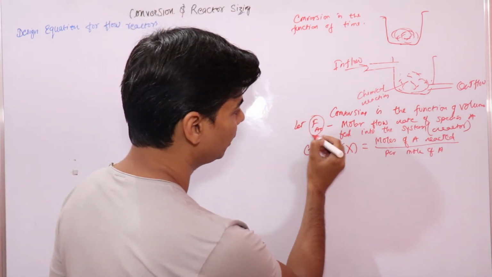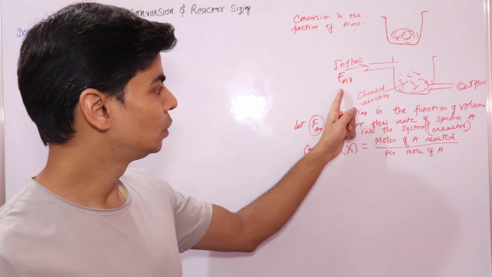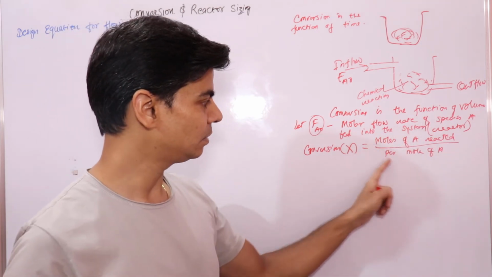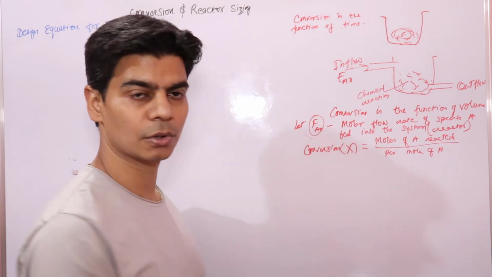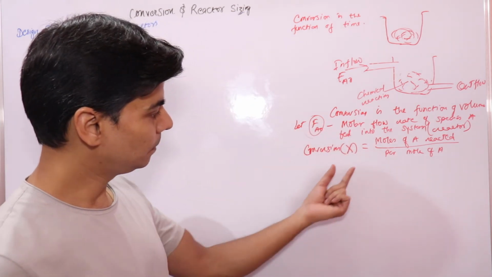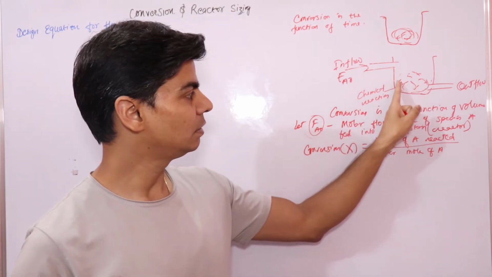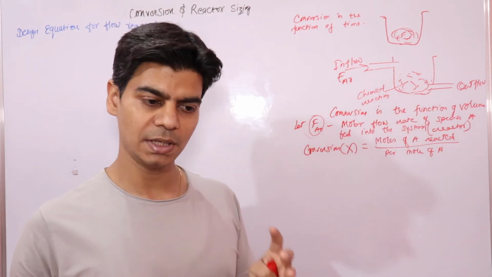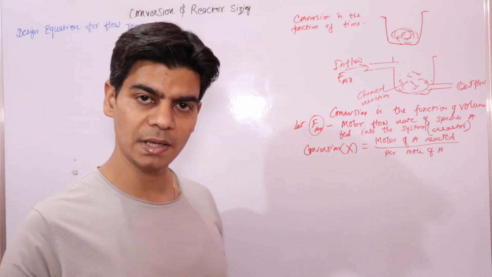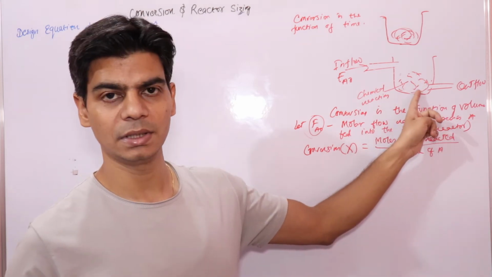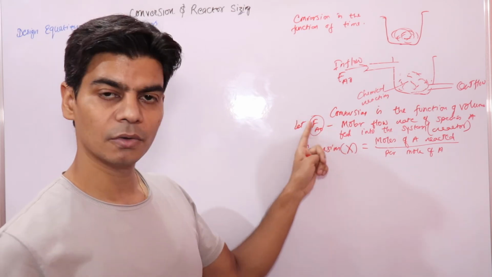We have a total of FA0 moles that we are feeding from here. So if this is the expression for 1 mole, and this is the total number of moles, then the total species A that is undergoing chemical reaction, or that is getting consumed, when we say it undergoes chemical reaction, it's getting consumed, so the total species A that is getting consumed inside the reactor would be the total number of moles.